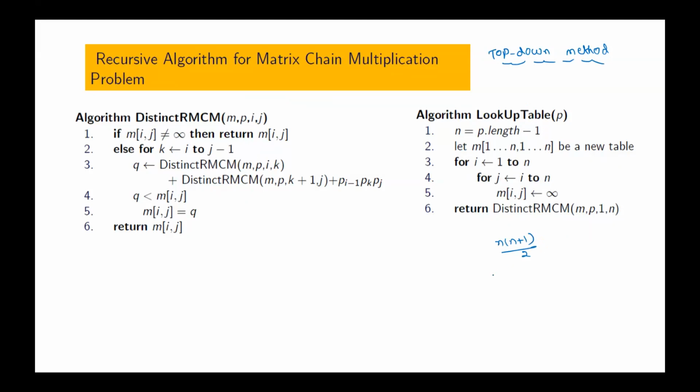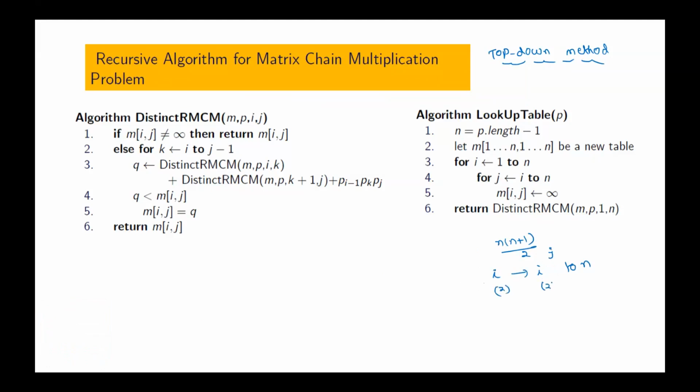For a given i, what values does j take? For a given i, j takes values from i to n. Is that correct? That means when i equals 2, what values does j take?